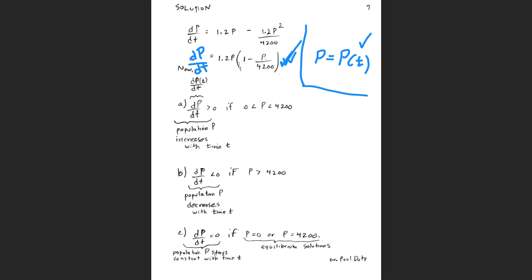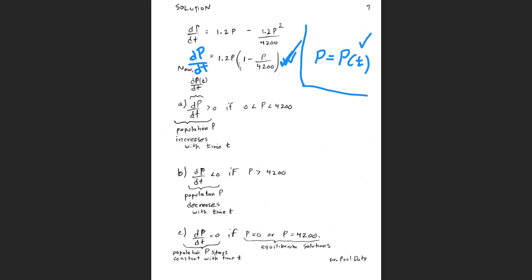So the t is not in essence involved. As t changes, p changes, but we can study the differential equation based on our knowledge of the population alone, independent of time, so to speak, even though population does change with respect to time.